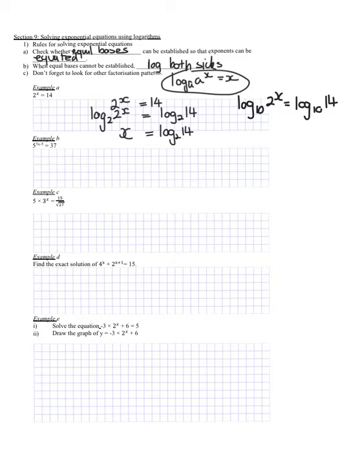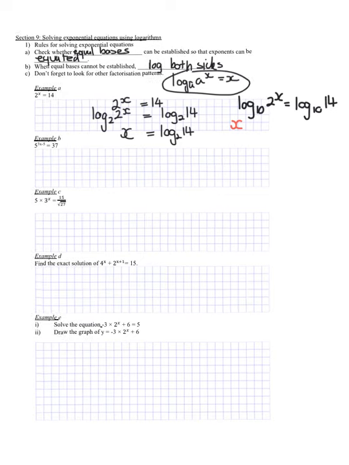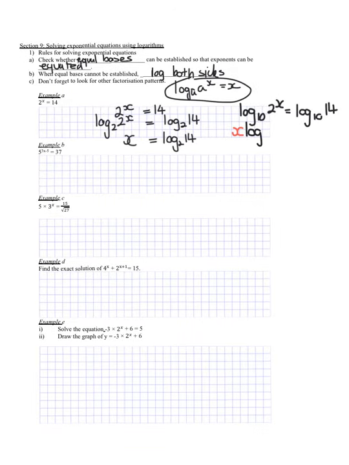I could do log base 20, log base 50, it doesn't really matter. Then I can use the law that allows me to multiply down by that power. And so I'm going to write in a different color, x log base 10 of 2 equals log base 10 of 14. And so my final answer is I'm going to divide log base 10 of 14 by log base 10 of 2.